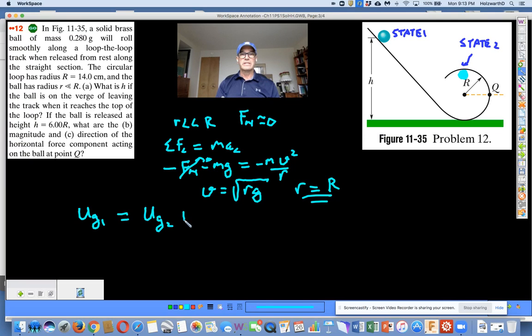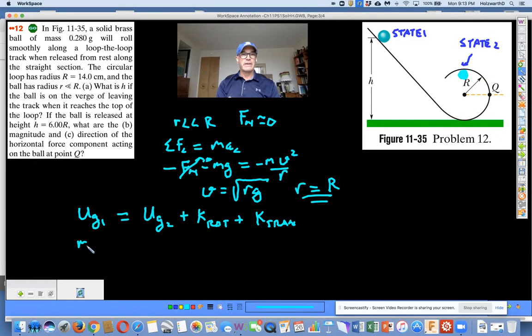And then because it's rolling without slipping, there's the kinetic energy associated with the rotation of that sphere and the kinetic energy associated with the translation of that sphere.